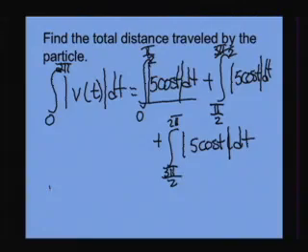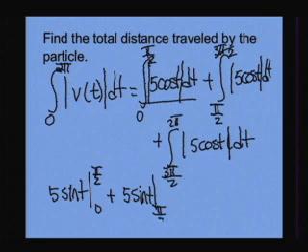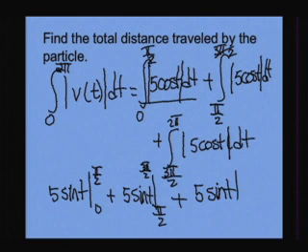So we have 5 sine t evaluated from 0 to pi over 2, plus 5 sine t evaluated from pi over 2 to 3 pi over 2, plus 5 sine t evaluated from 3 pi over 2 to 2 pi.